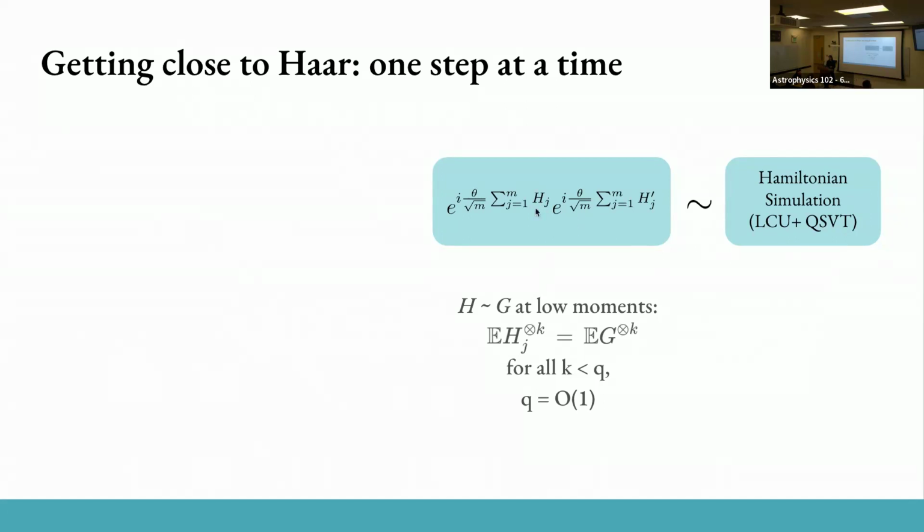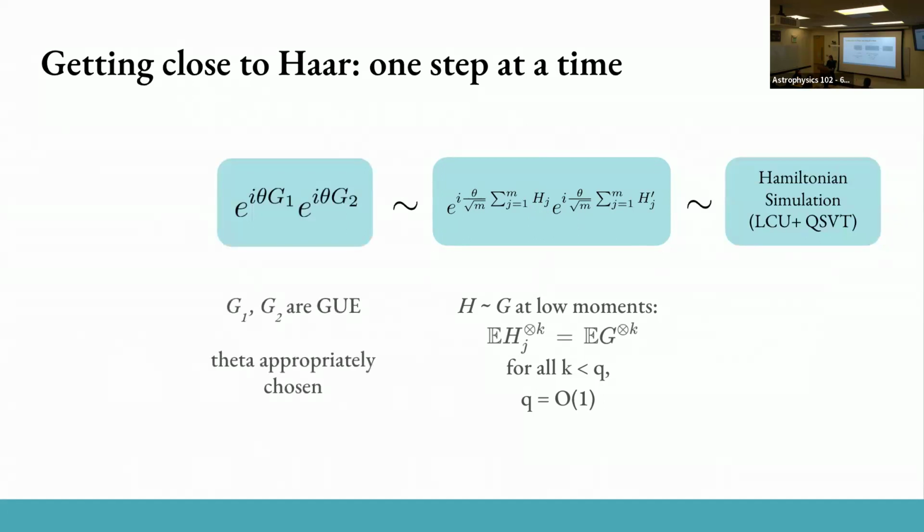Then you might ask, okay, well, it looks pretty random, but why and how can I know that this is actually random? And you might have noticed, and Michelle pointed out, this is the product of two unitaries. And we first show that these two exponentiated sums are actually close to these two exponentiated GUE or Gaussian matrices. You can just think of these matrices G as the matrix analog of a Gaussian random variable.